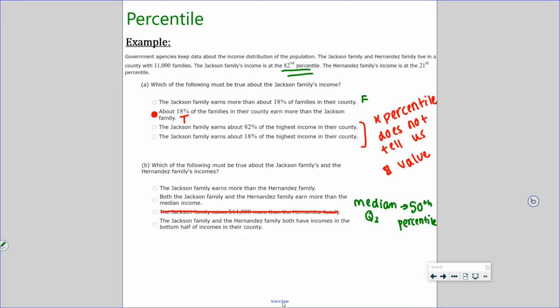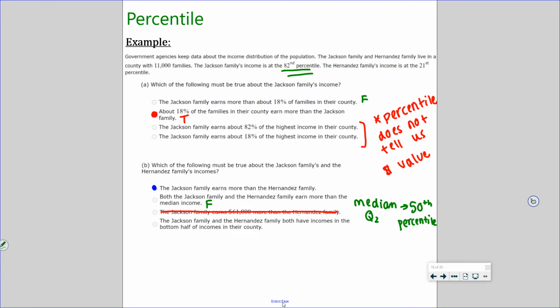No, that's false. Jackson family is only at 18. Both have incomes in the bottom half of income? So they'd be below the 50th percentile. That's false. So since the Jackson family is in the 82nd percentile, Hernandez is 21st.